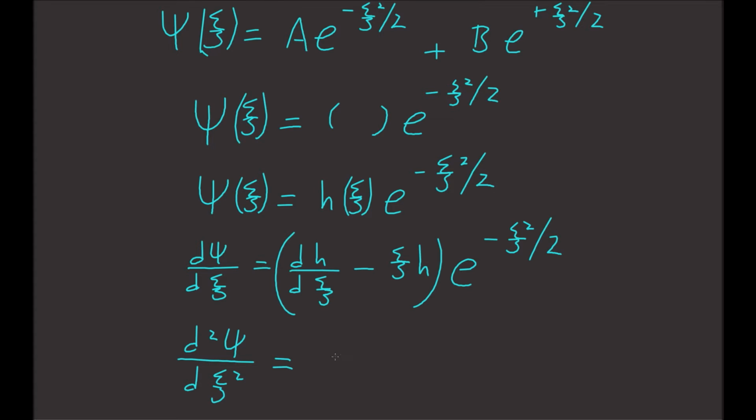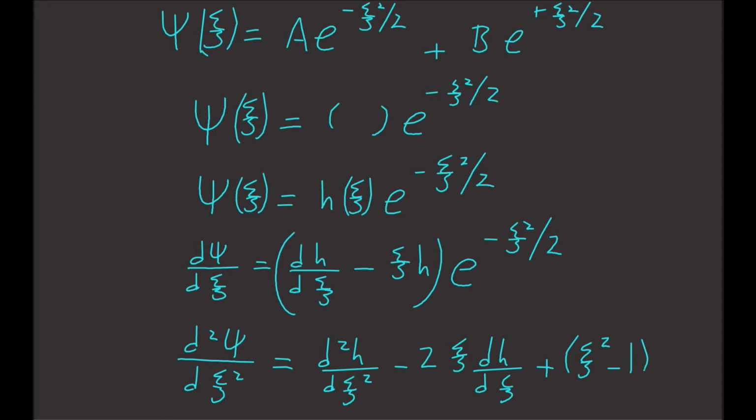Once you do that, you get the second derivative of h with respect to squiggly minus 2 times squiggly times dh d squiggly, okay, plus squiggly squared minus 1 times h, and all of these times the exponential term, e to the minus squiggly squared over 2.